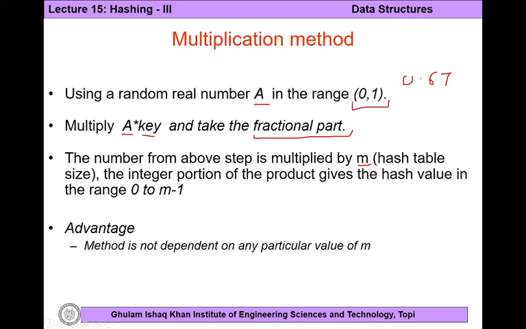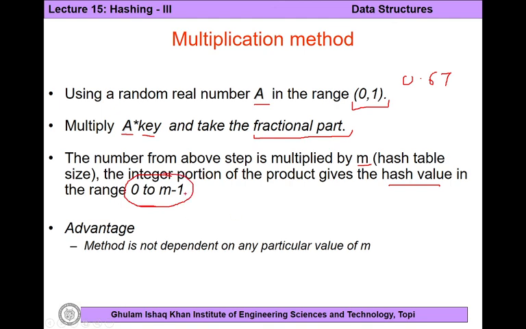When you multiply this fractional part with the size of the hash table, the integer portion of the result is the slot where you are going to store your key, right. This integer portion will be in the range of 0 to m minus 1.